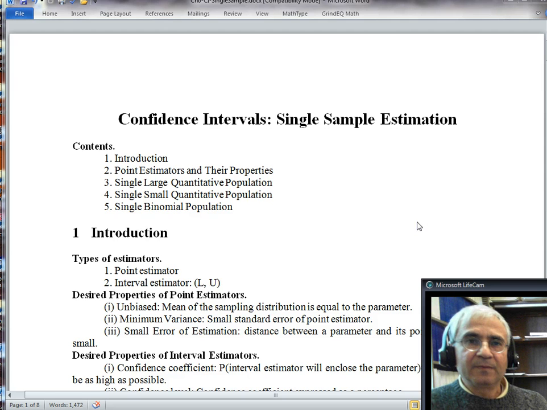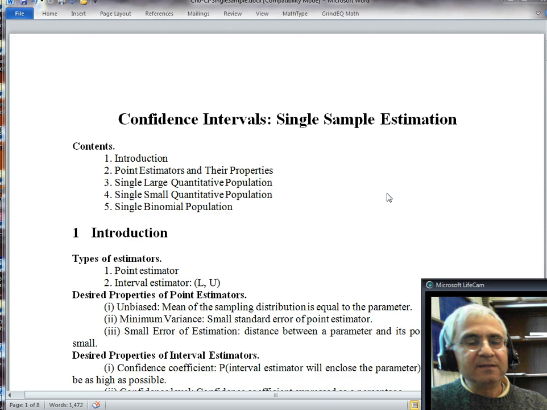So now we're going to go back to samples. We're going to collect data, find X bar, but we're going to use those to estimate parameters of populations and also look at how good those estimates are based on these probability rules and properties of the normal distribution that we have studied. So we're going to put all these things together at this point.